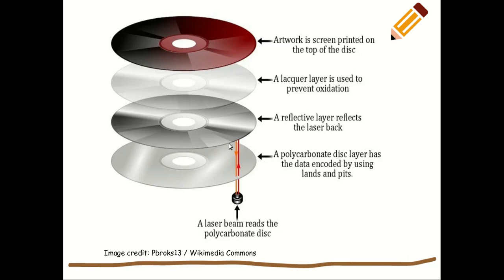So in order to increase the age of the data, one can also use gold. The third layer is a lacquer layer. This layer is just to protect the polycarbonate and reflective layer from exposure to the environment, and thus to prevent oxidization.